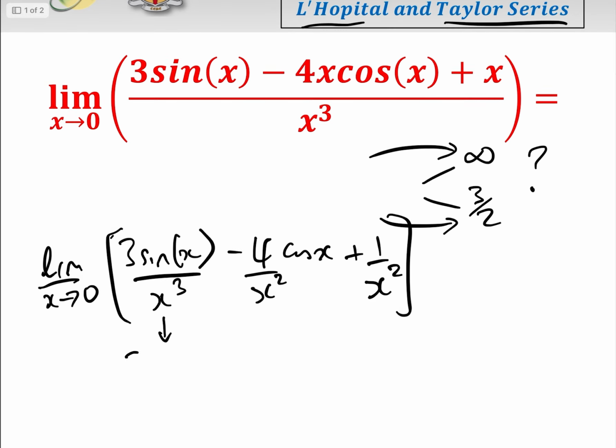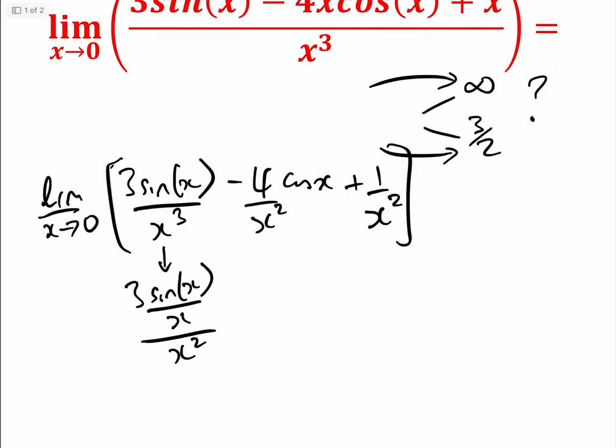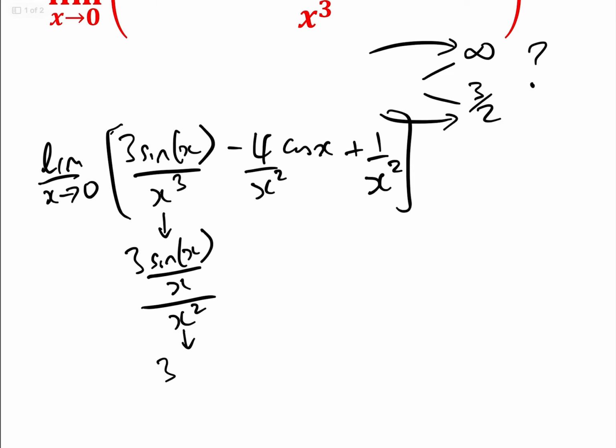That basically is equal to 3 sine x over x squared, and that limit is infinite, because sine x over x approaches 1 as x approaches 0, and 1 over 0 approaches infinity.